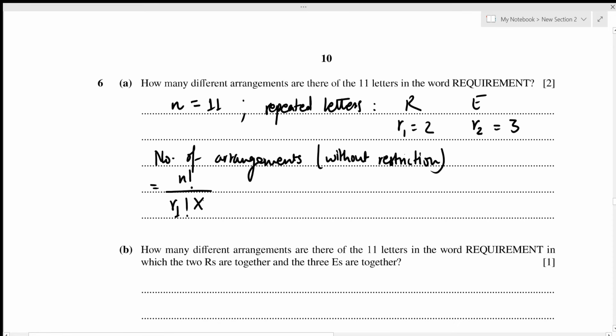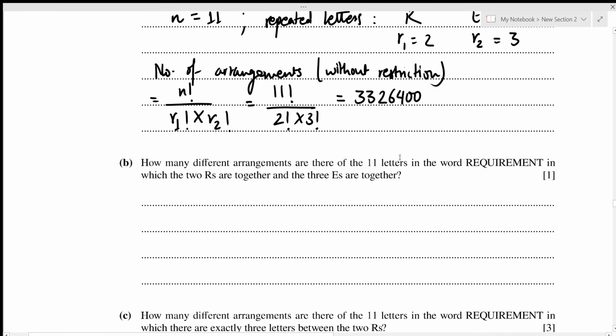In this case, that's going to be R1 factorial times R2 factorial, which is 11 factorial divided by 2 factorial times 3 factorial, which gives us the total number of arrangements as 3,326,400.